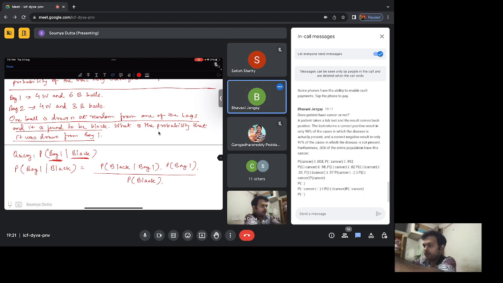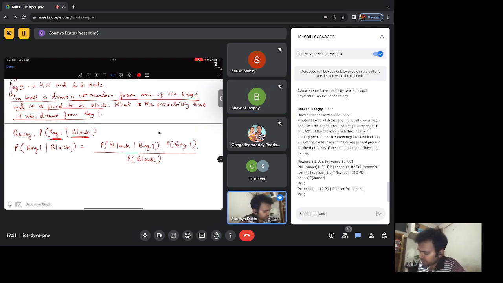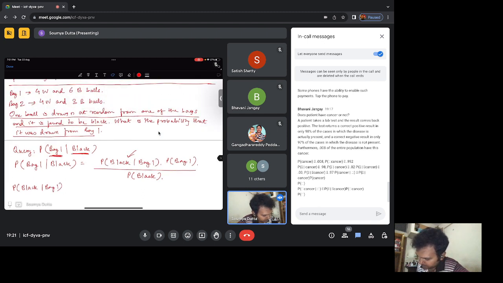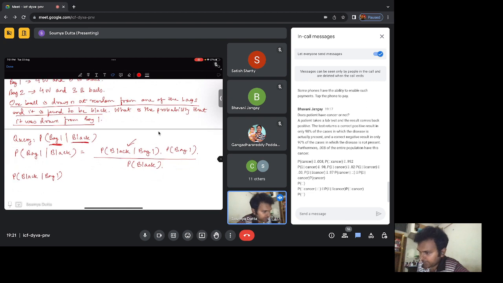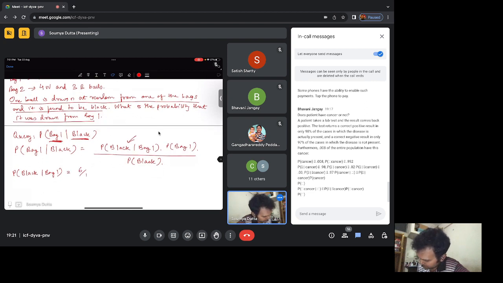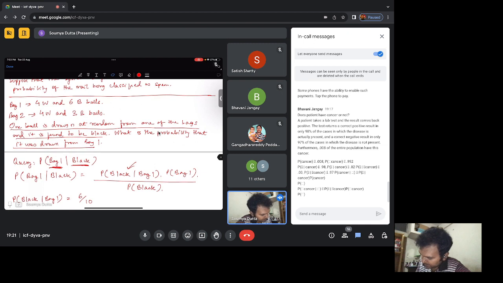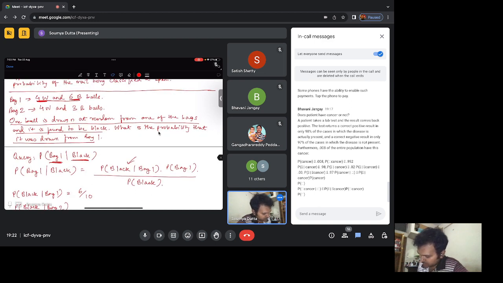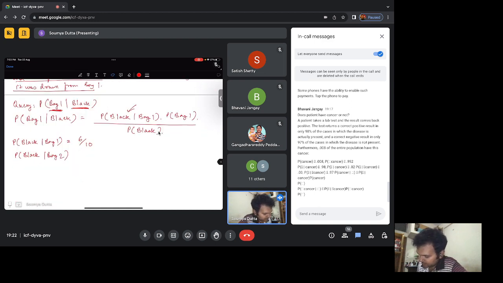Yes, sir. Right. So this you can already calculate, because P of black given bag 1 is 6 by 10. You have 6 black balls, total 10 balls. And P of black given bag 2, you just need to find that out also. So that would be 3 by 7.